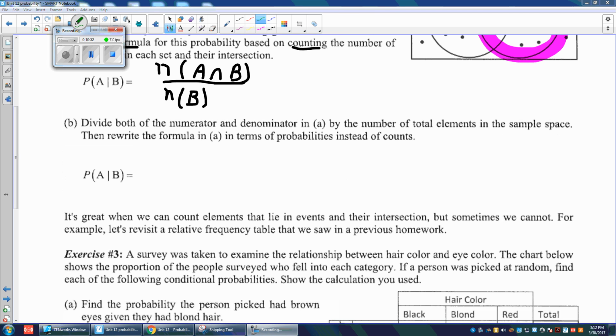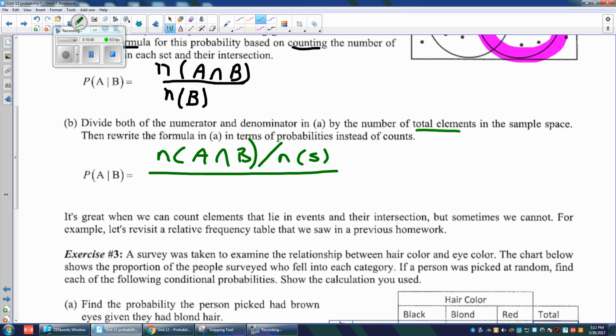It says N of A intersect B divided by the number of elements in the sample space, all over the number of elements in B divided by the number of elements in the sample space.